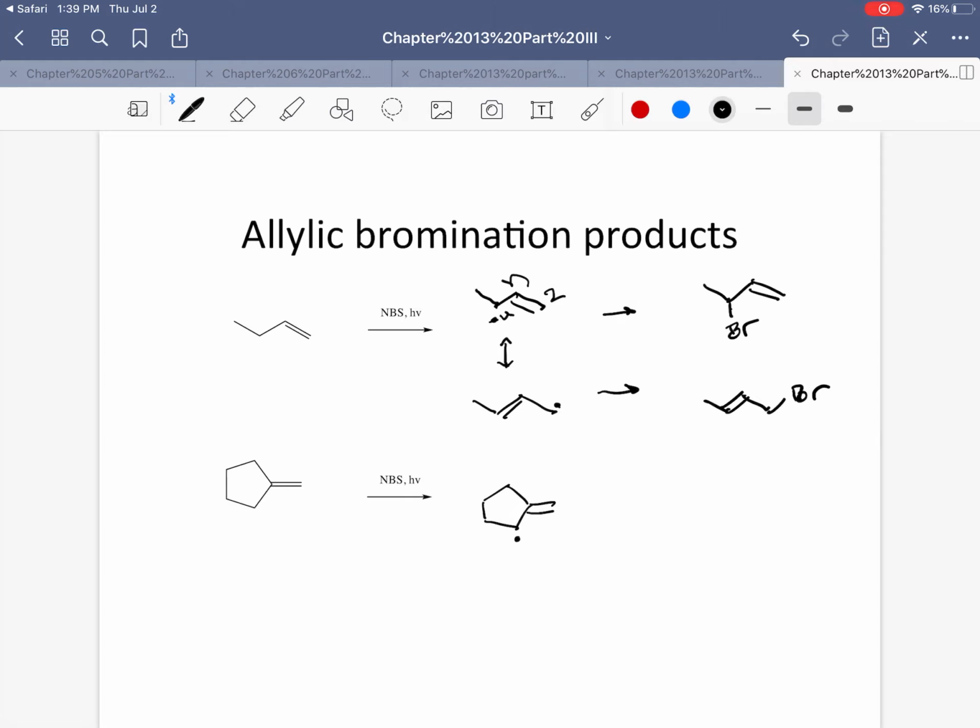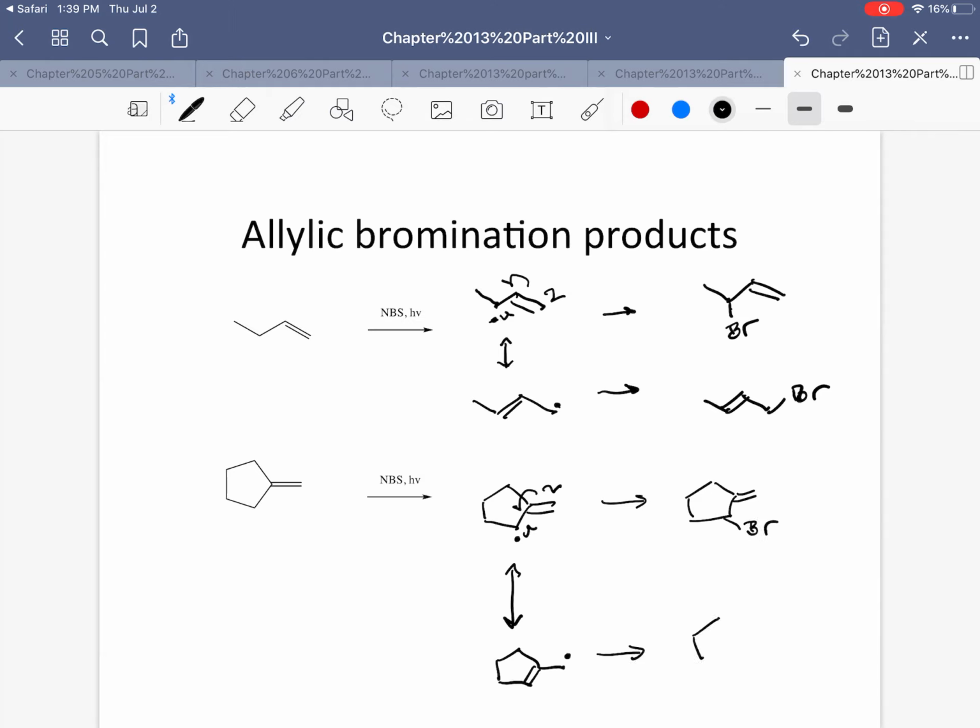With this next example, again, I'm going to generate an allylic radical that has a resonance form. Now I've got the double bond in the ring and a radical on the methyl.